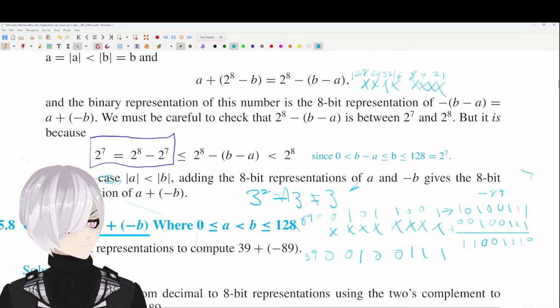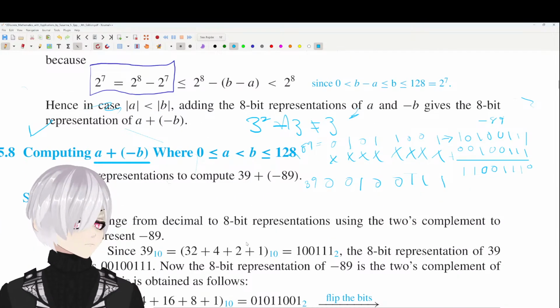Yeah, I just double checked it and that's right.